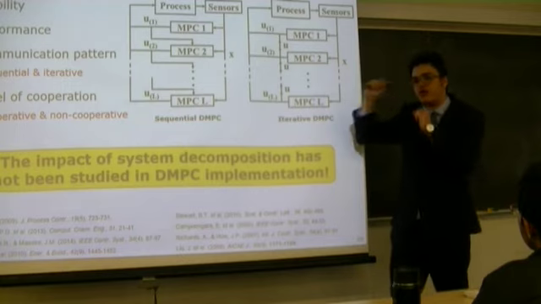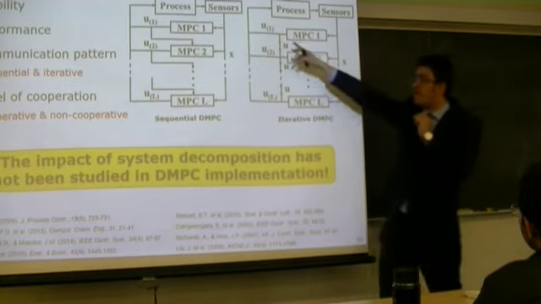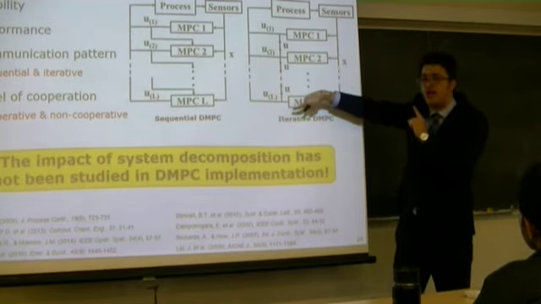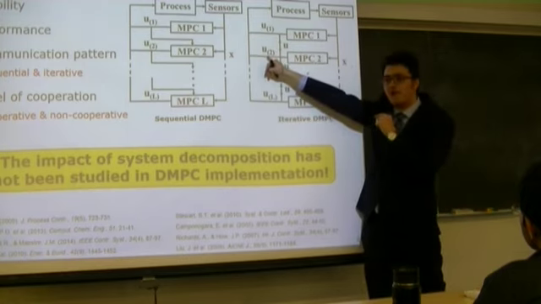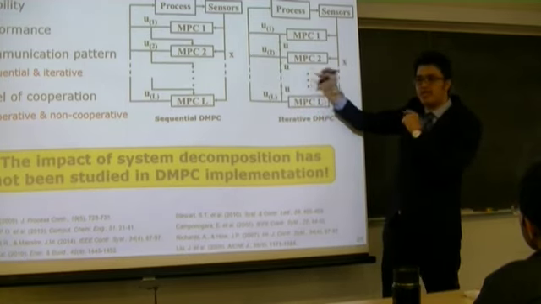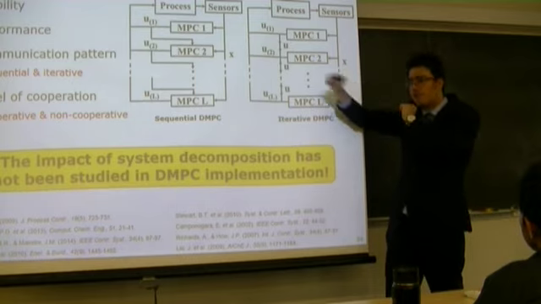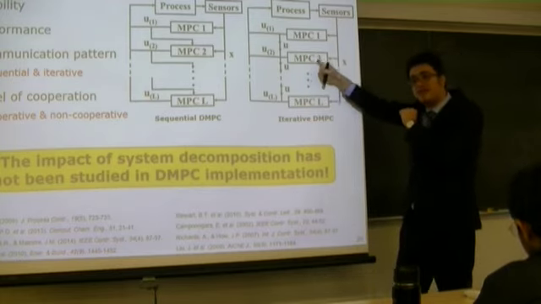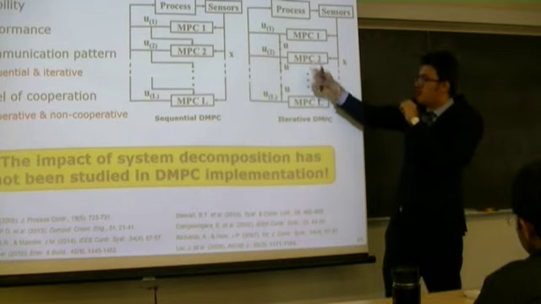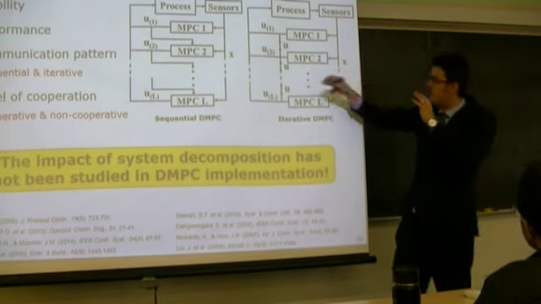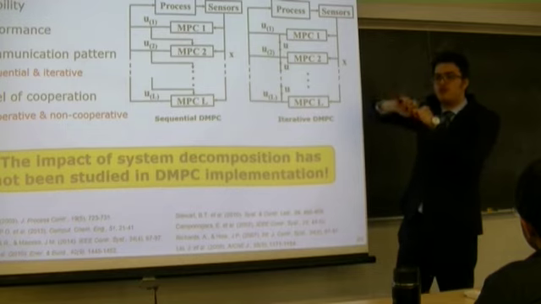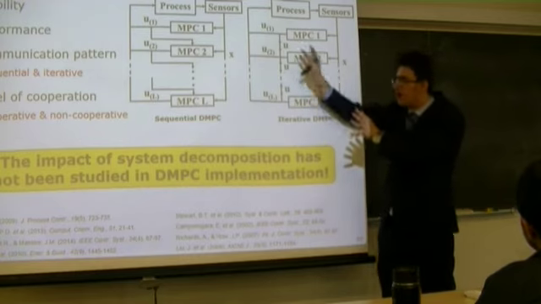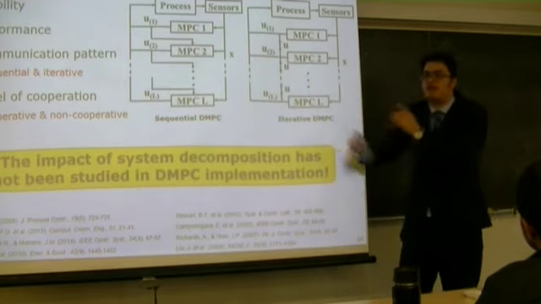So when, for example, controller 1 computes the value of U1, during the computation it used the nominal value of U2 to UN. But when the U2 value is computed using the second controller, there could be a difference between the nominal value that controller 1 used and the actual value that the second controller computes. So we have a level of iteration. In this iteration, all of the controllers share all of the information and recompute the manipulated inputs in the second run until convergence to the unified manipulated input components.